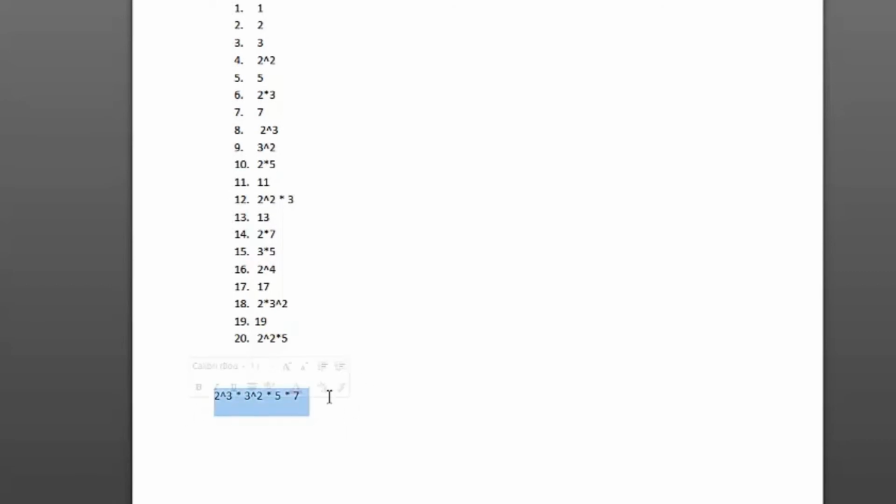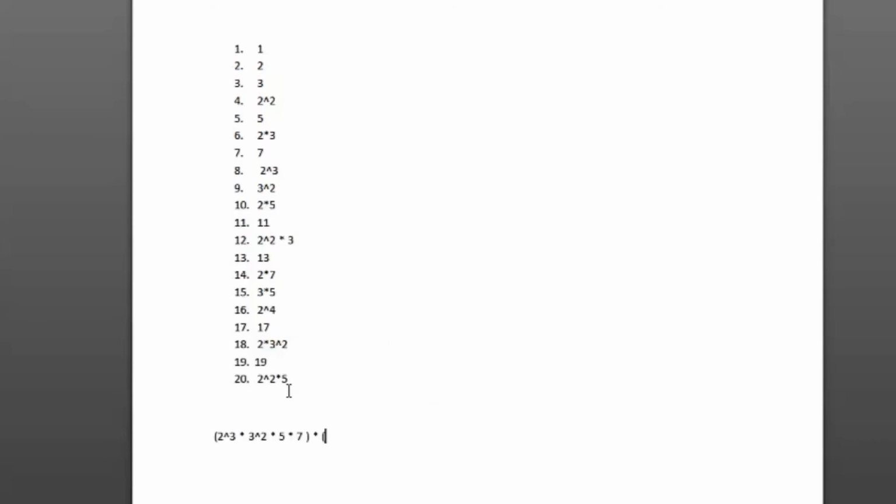This is a prime factorization of the numbers from 11 to 20, and I really hope you can fill in the blanks on how I got to these values. Here's our original thing, and if we want, we can put parentheses around it, it's not going to make a difference, just to denote that these were the values from 1 to 10, and these will be 11 to 20. So what the problem is asking is, what's the least common multiple of all the numbers between 1 to 20?